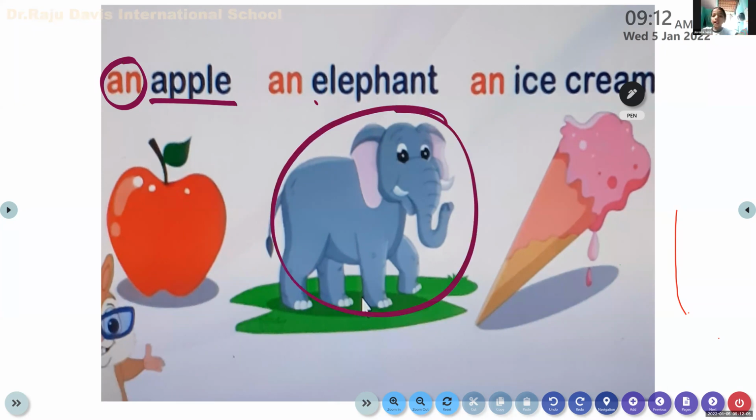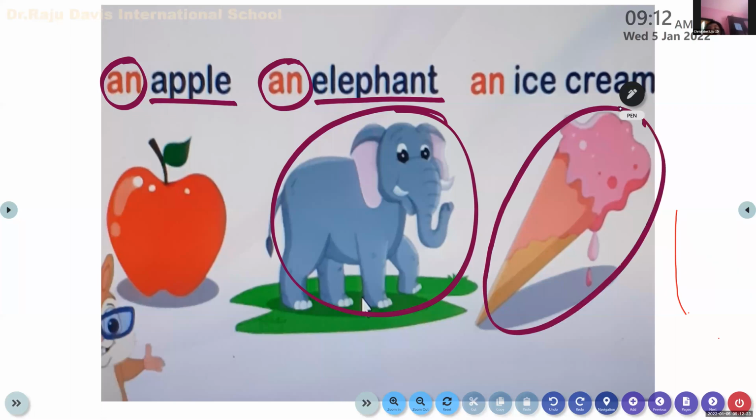Elephant begins with a vowel letter E. So we use "an elephant." Now have a look at this ice cream. Don't you love ice cream? Ice cream begins with which letter? I.